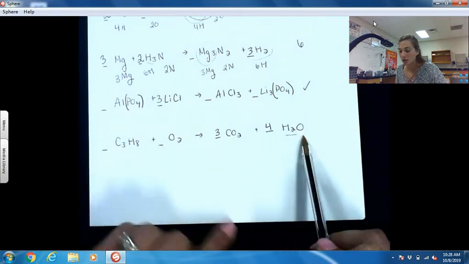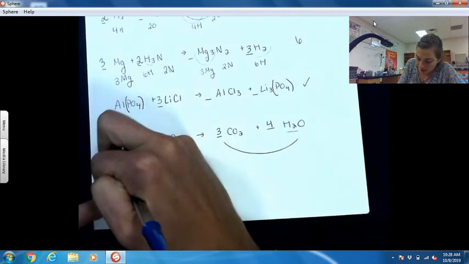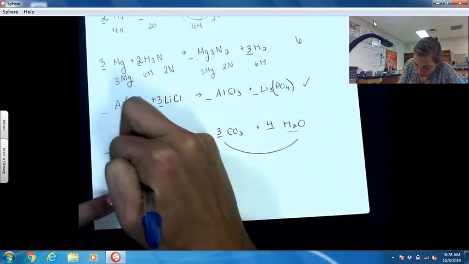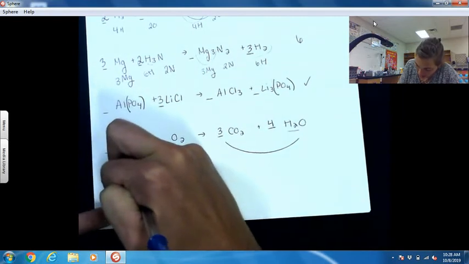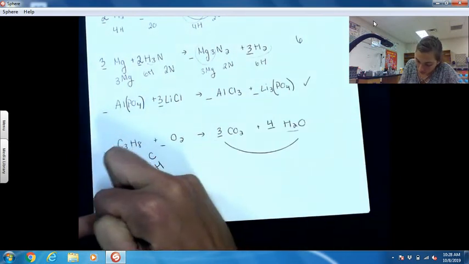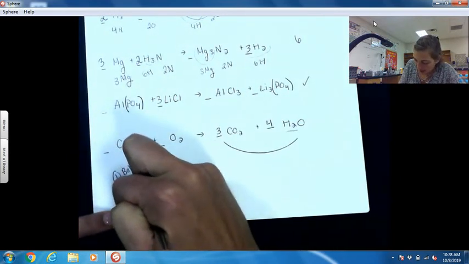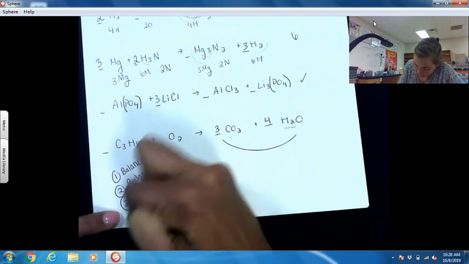So what I do next, first I balance my carbons, then I balance my hydrogens. Third, I add oxygens on product side.